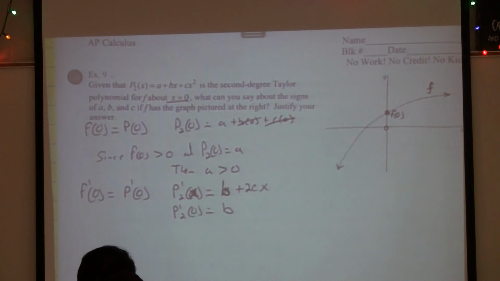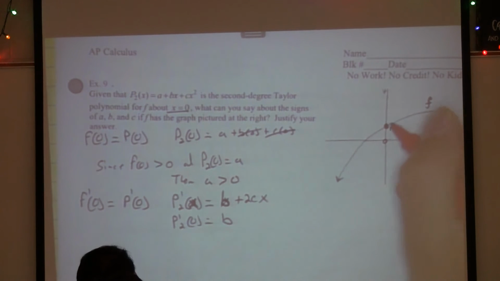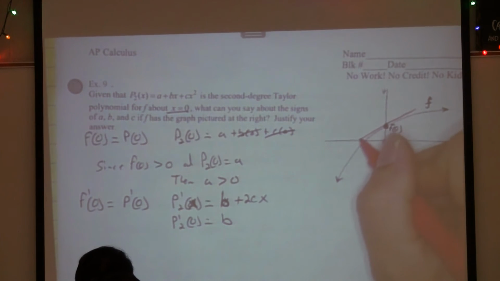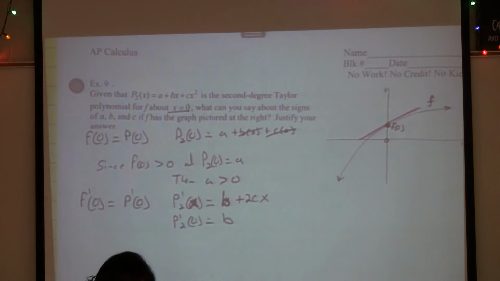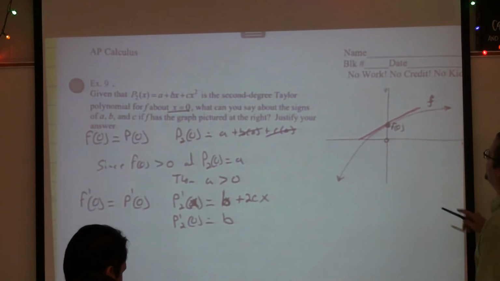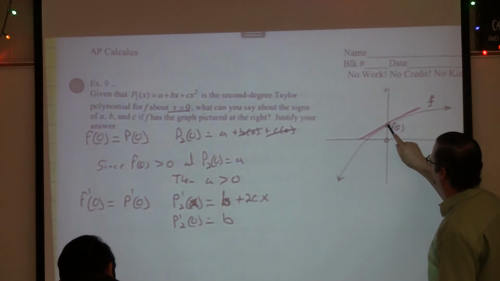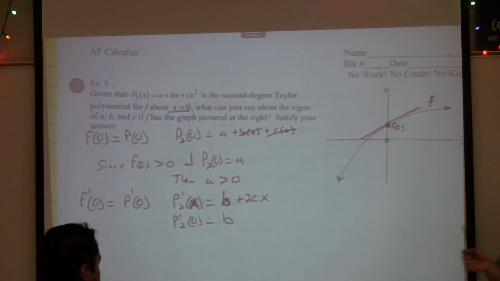The tangent line, right? So what would the first derivative be there? Positive, right? And we could say the first derivative is positive here because f is doing what there? Increasing.